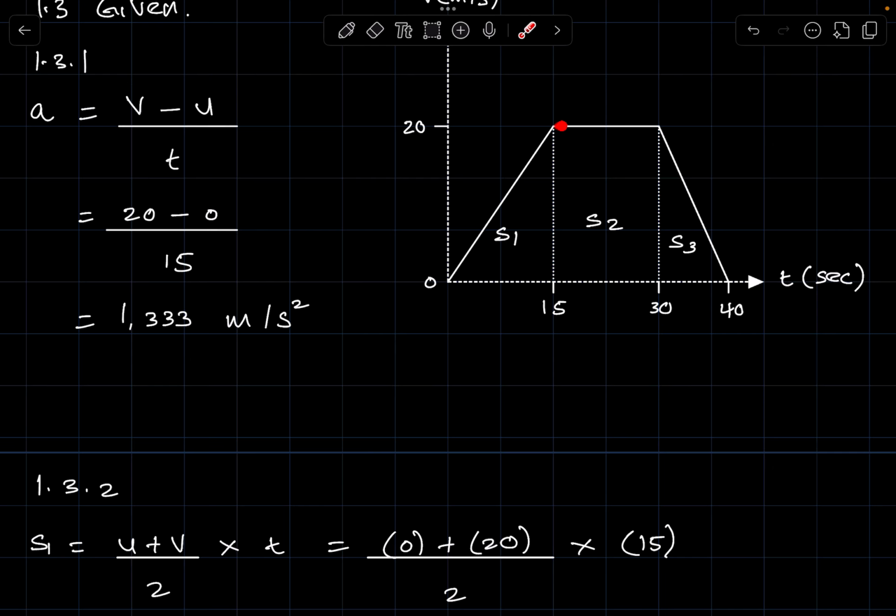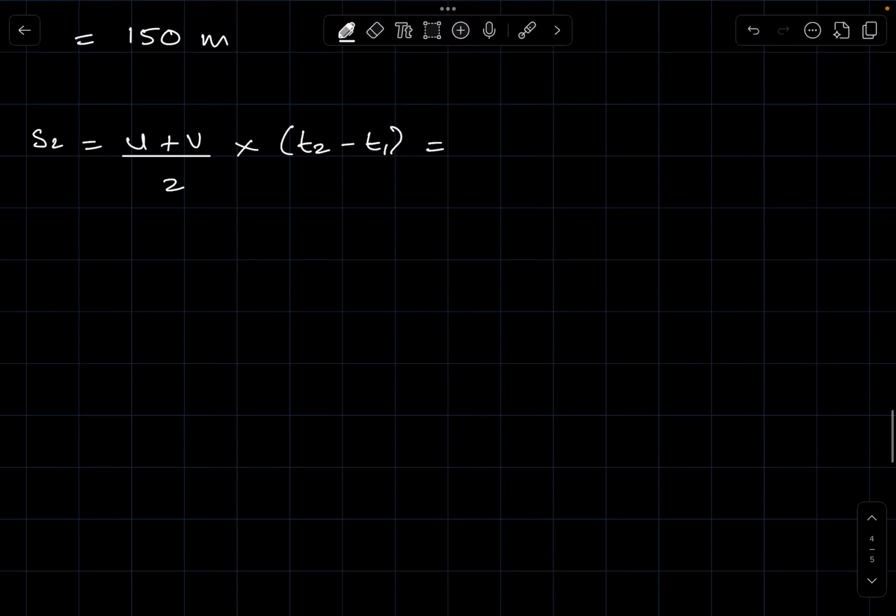The velocity of the car here is constant, so u is 20 and v is 20. So here you have 20 plus 20 divided by 2.